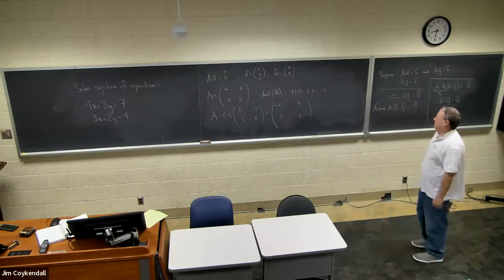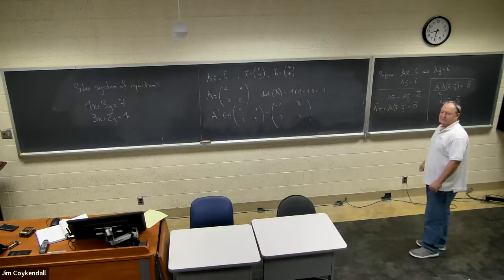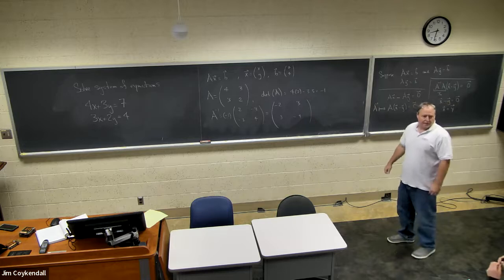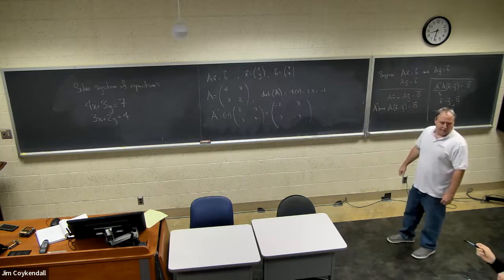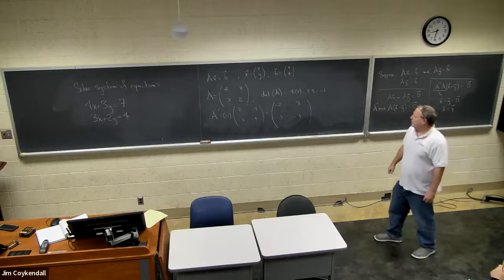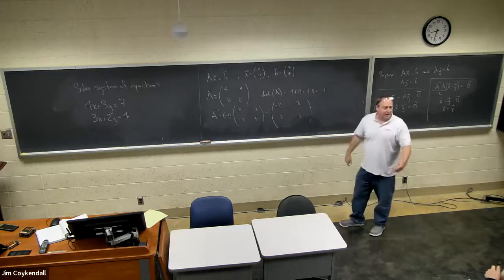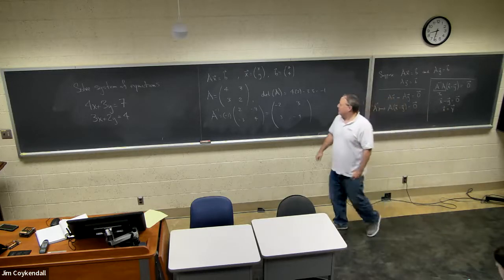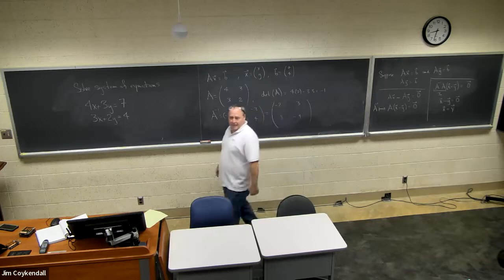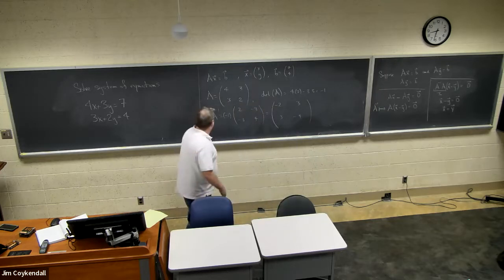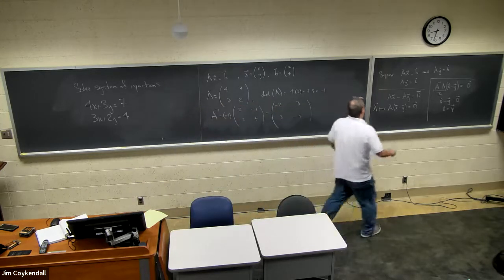And that was right. Yes. So even though it's one over the determinant, it's still -1, because 1 over -1 is still negative. Everybody okay with that?